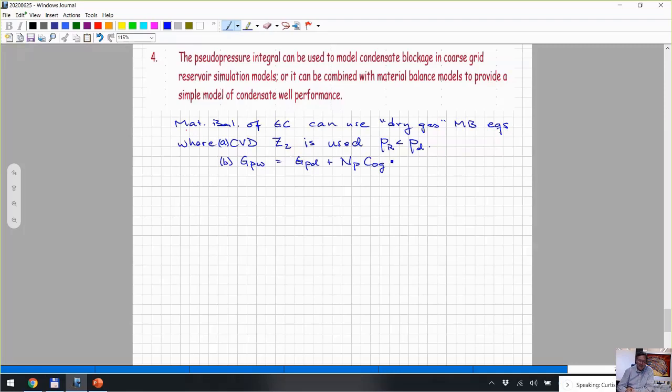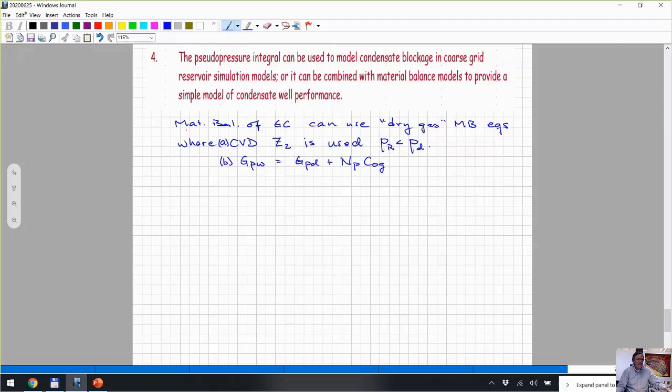Now, I don't know how something like MVAL handles this, but I assume it can handle both of these things correctly. Yeah, it depends how sophisticated you want to do. I think there is a volumetric conversion for equivalent volume for condensate to gas volume, and also for water volume.